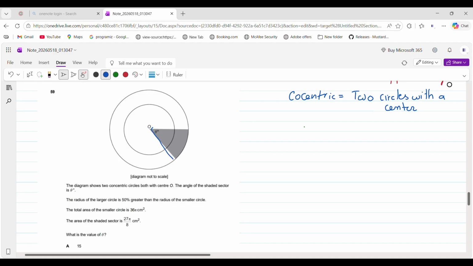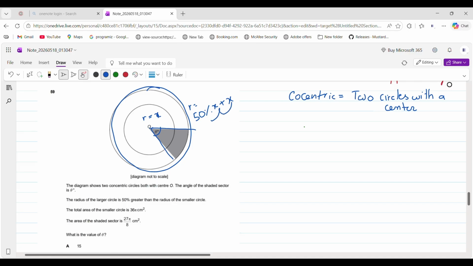An angle of the shaded sector is theta. So this is the shaded sector and its angle is theta. The radius of this larger circle is 50% greater than the radius of the smaller circle, which means its radius will be 50 percent of x, where x is the radius of this smaller circle, plus x, right?